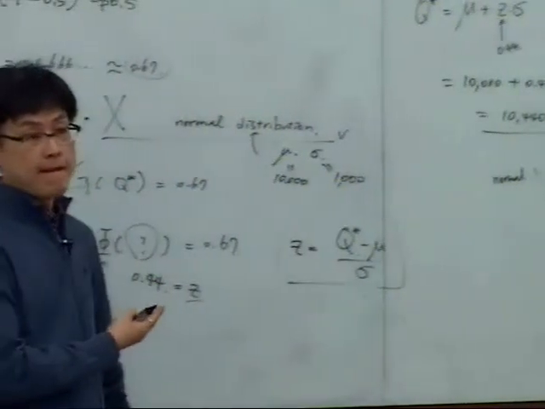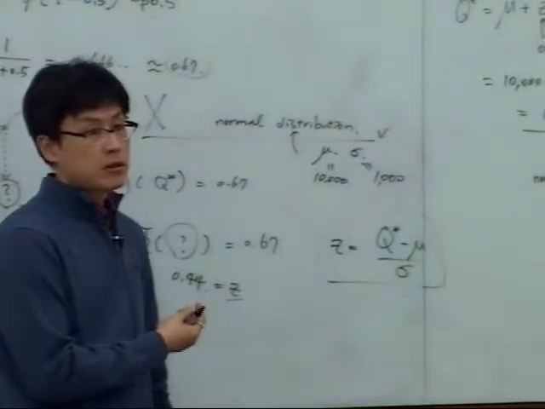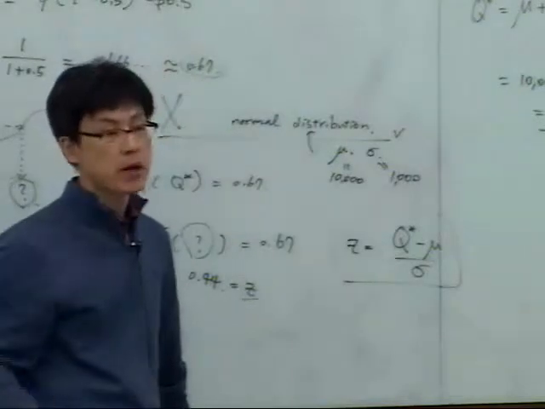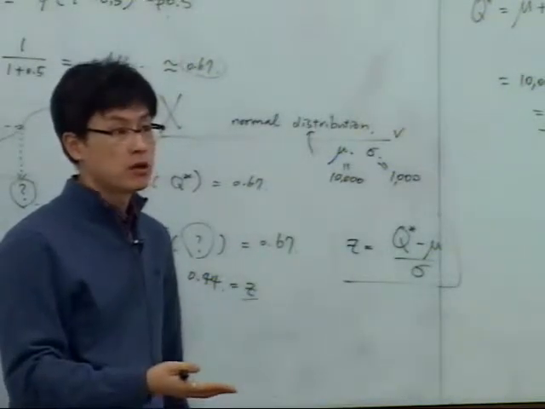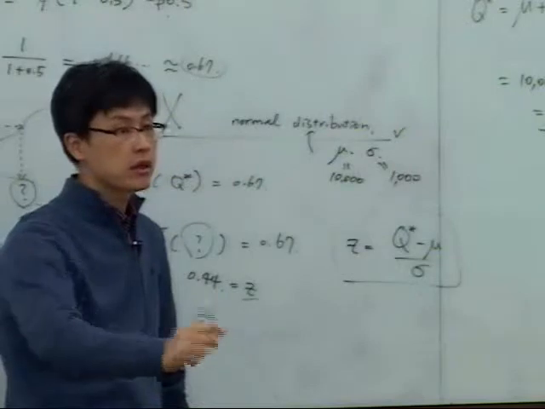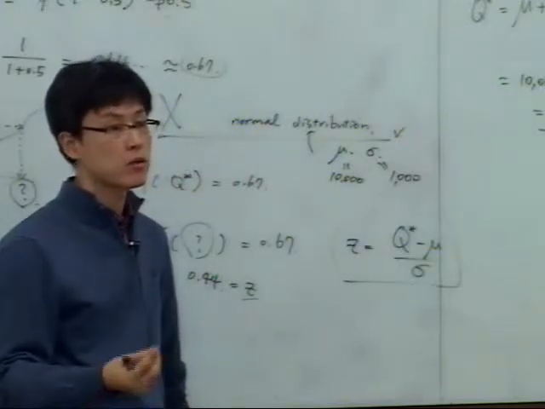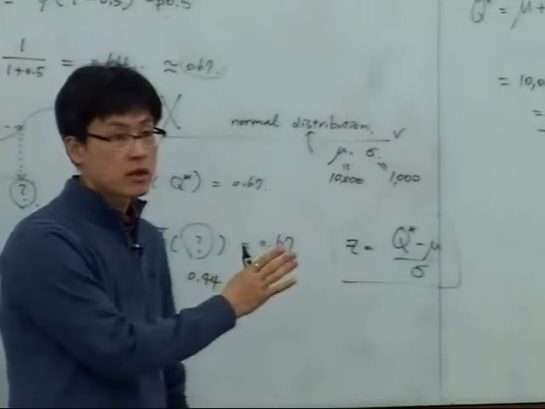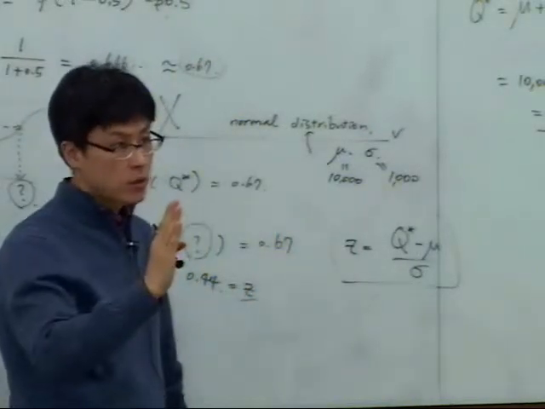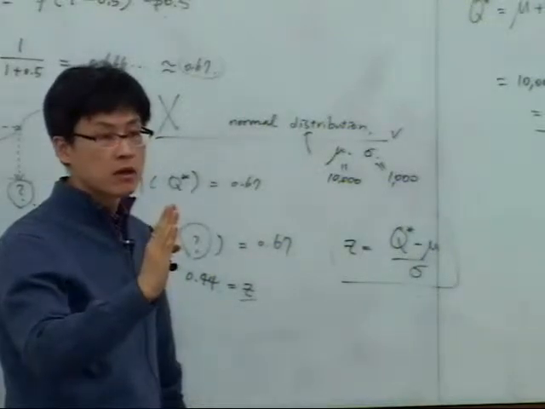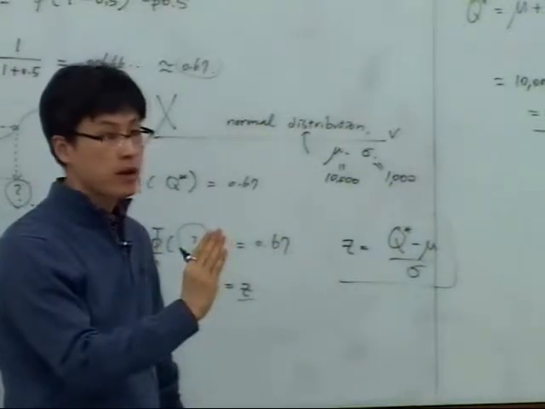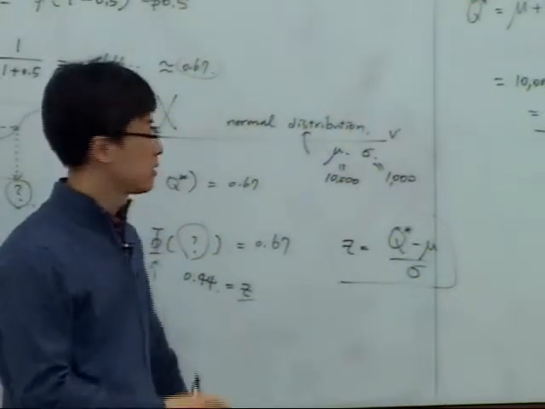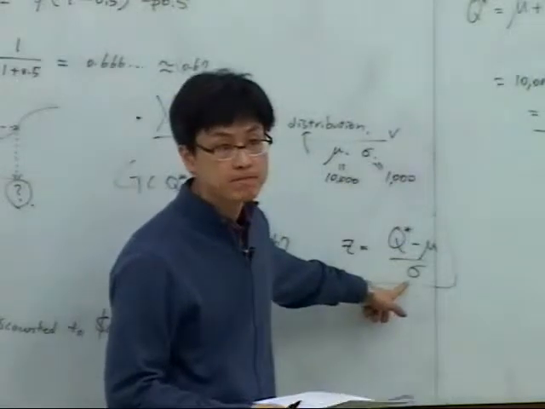You know, there are infinite number of normal distributions. As long as it follows this bell shape, it's a normal distribution. In that case, we cannot pre-calculate any tables or something like that. So what we did is we normalized it. Because of this nice function, we can shift the mean value to 0, and we can scale the standard deviation into 1 by this transformation.